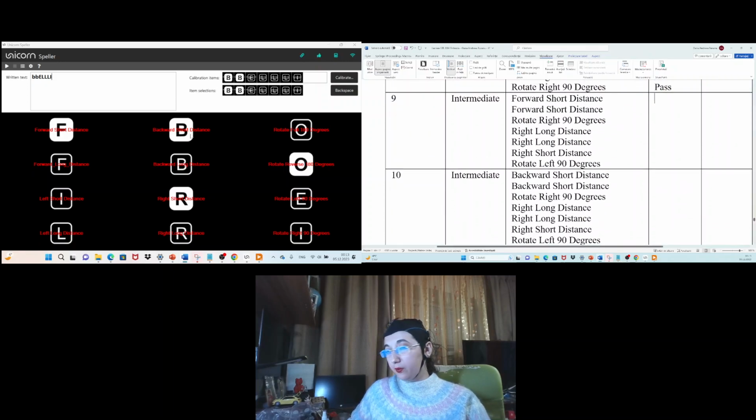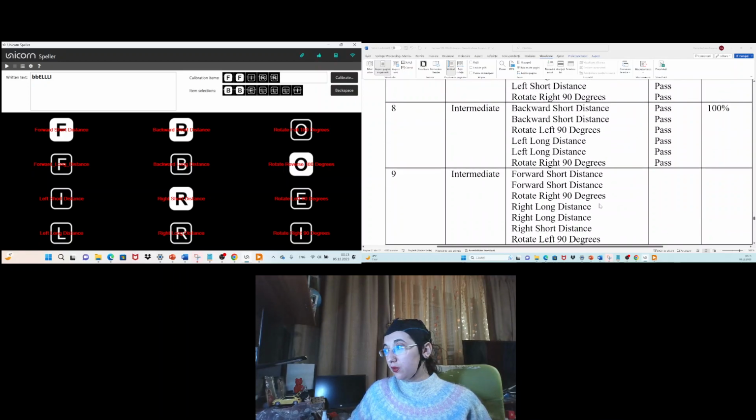So the 9th experiment, remove these commands, and I will set here forward short distance 2 times, then rotate right with 90 degrees, then right long distance 2 times.